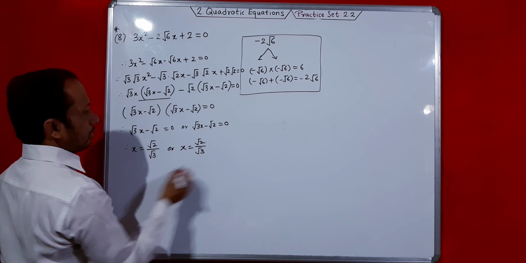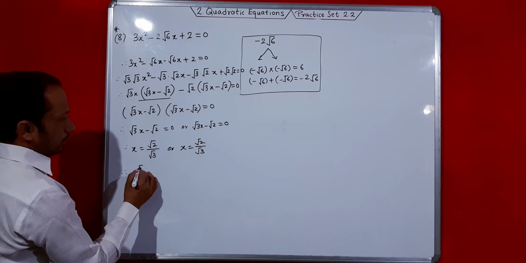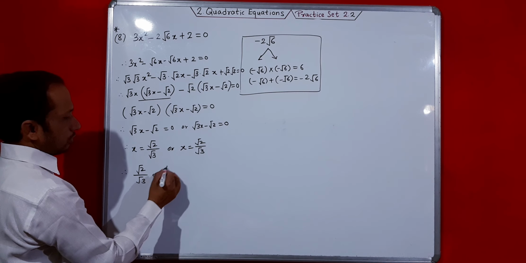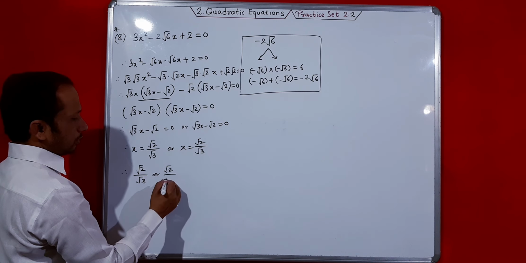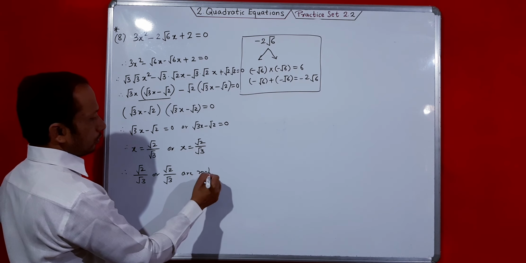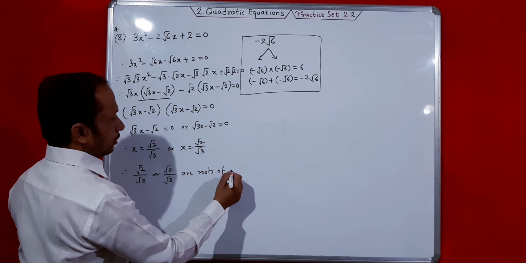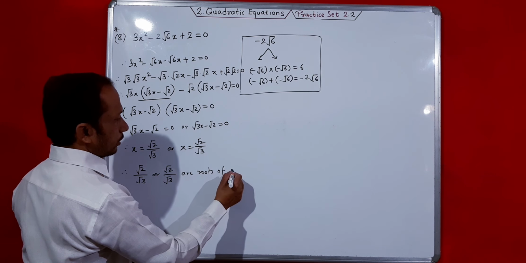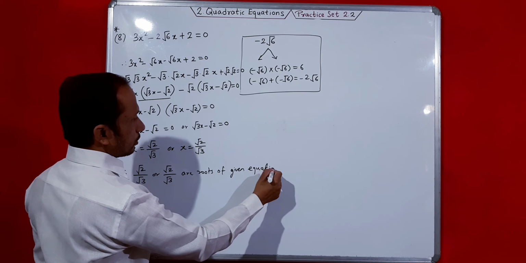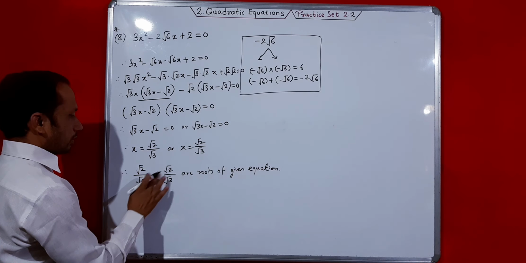Okay, therefore root 2 upon root 3, or root 2 upon root 3 are roots of the given equation. Okay, given equation, we can write like this, and I will write it.